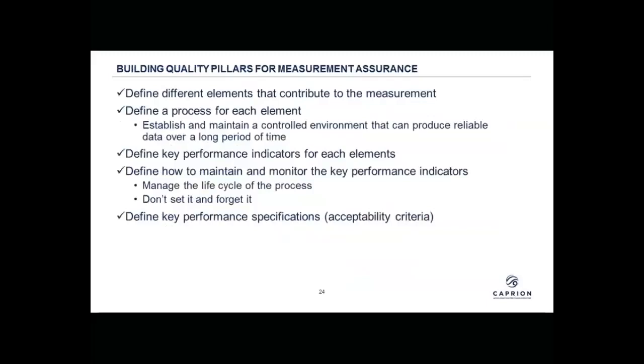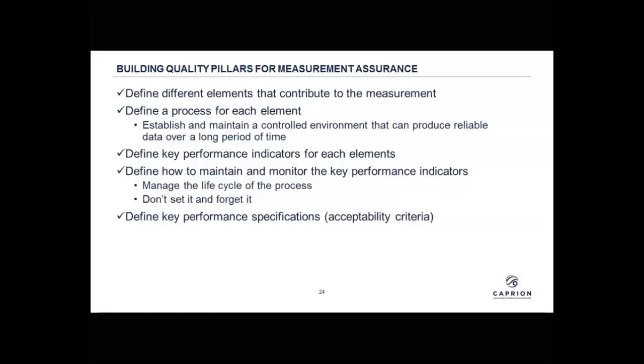So the building quality pillars for measurement assurance, what do we need to do to build our pillars? So first of all, we need to define the elements that contribute to our measurement. And then for each of those elements, we need to define a process, because we need to establish and maintain a controlled environment so that we can produce reliable data over a long period of time.